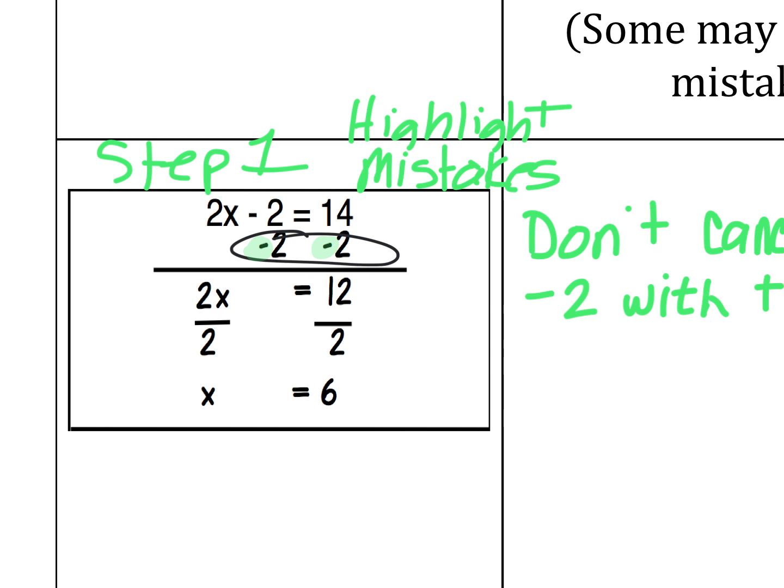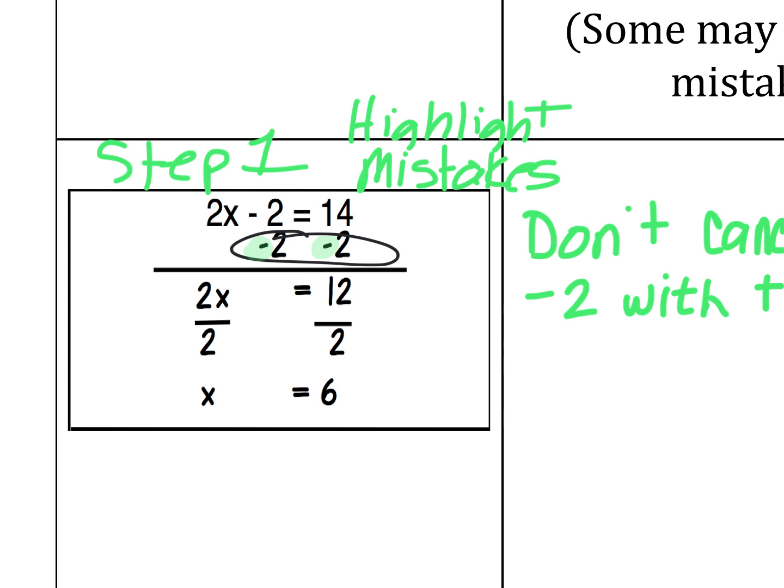Is 14 minus 2 12? Did they do that part correctly? Yes. They put the wrong number down, but they at least did their math right with the wrong number. When I grade your papers, if you have the wrong number but you still did the math right, I give you partial credit. I'm going to take off for the fact that you did a -2, but I'm going to give you credit for the correct computation. So far, no other mistakes.